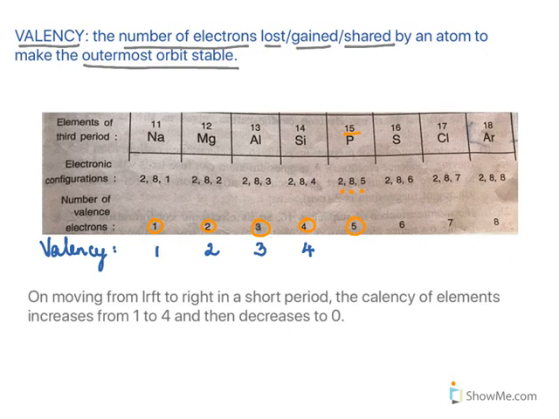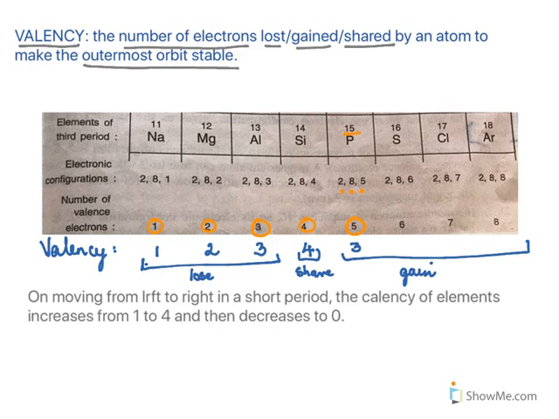Now here something different happens. There are 5 electrons in the outermost orbit. So these will gain 3. Here we just write that these lose electrons. This one shares. And now here all these will gain electrons.